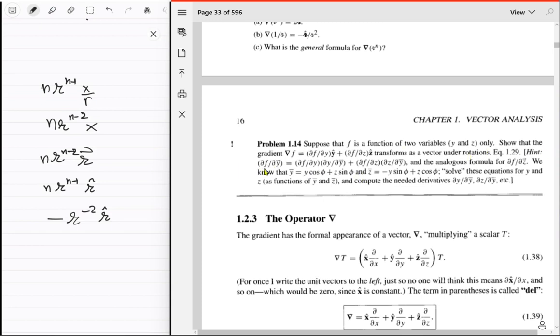The hint is that partial f upon partial y bar is equal to partial f upon partial y times partial y upon partial y bar, plus partial f upon partial z, and the analogous formula for partial f upon partial z bar. What are y bar and z bar though? And what is this f evaluated at? Is it at y and z, or at y bar and z bar?